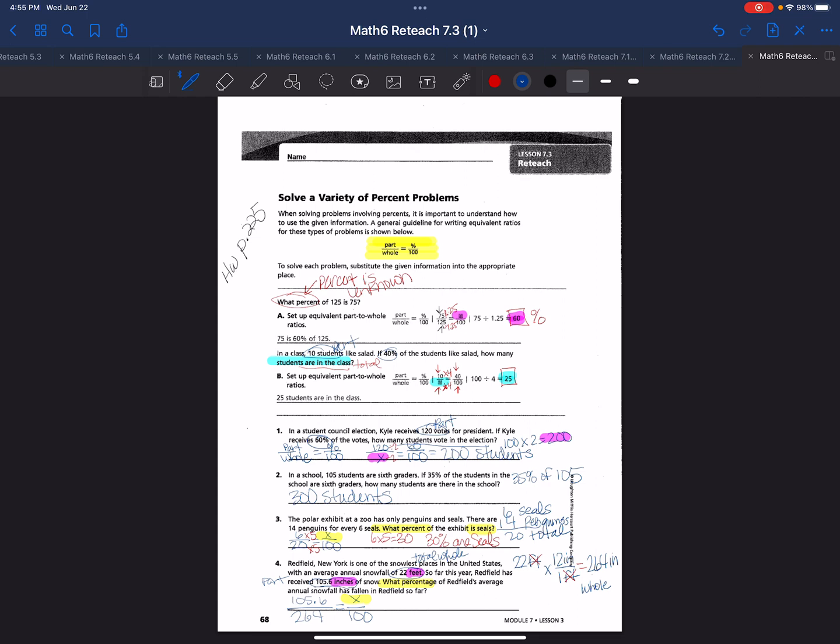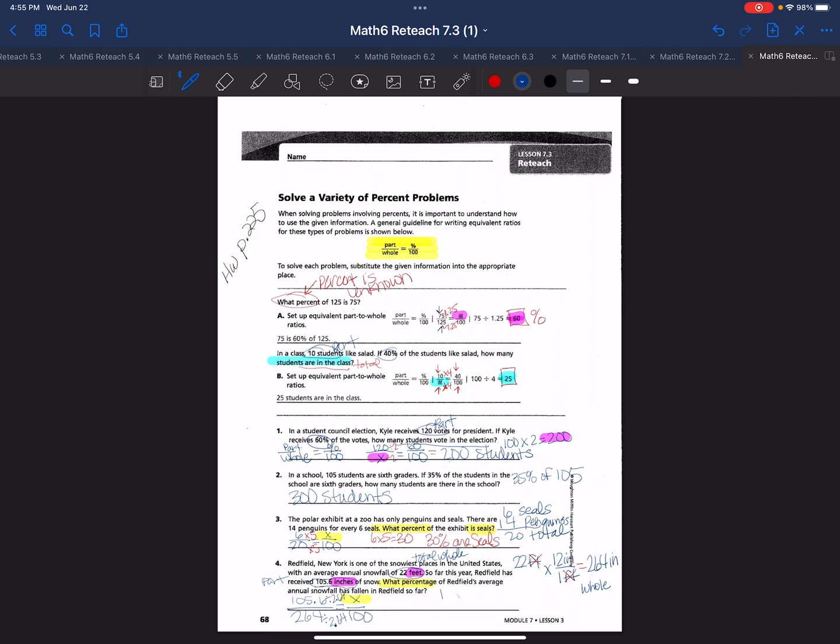Now I need to do 100 divided by 264. And I know that if I divide 264 by 2.64, I would get 100. So if I'm dividing this, I must also divide the numerator.